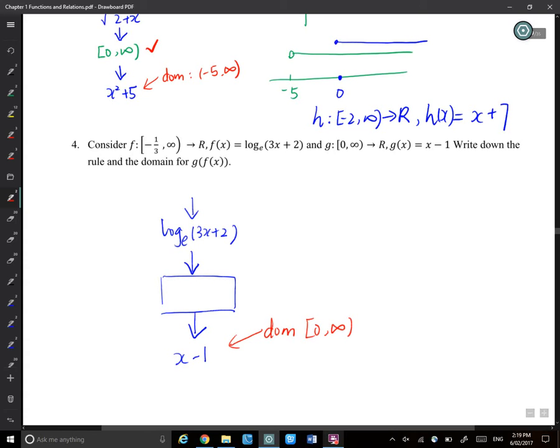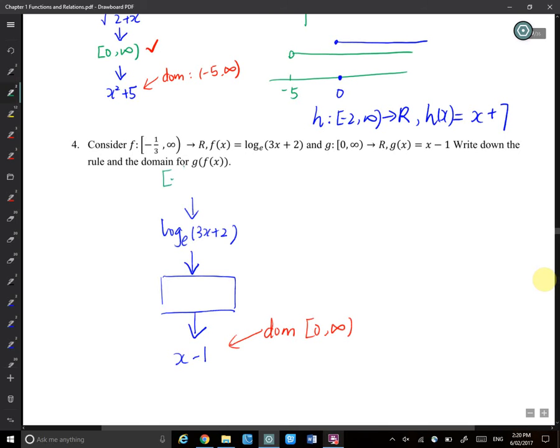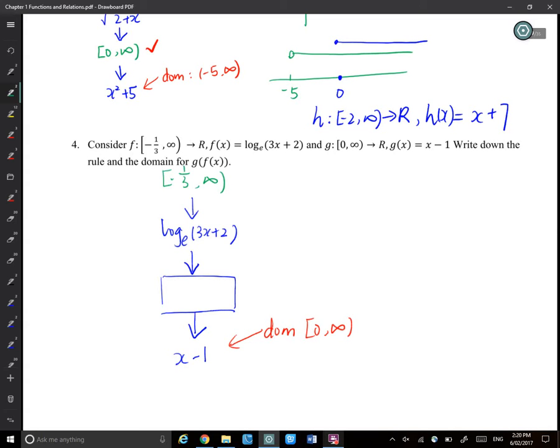I have the domain for g(x) being 0 to infinity. At the start, I can put the domain, which is negative a third to infinity, which is restricted for me already.